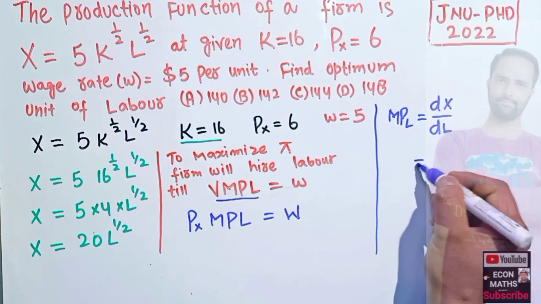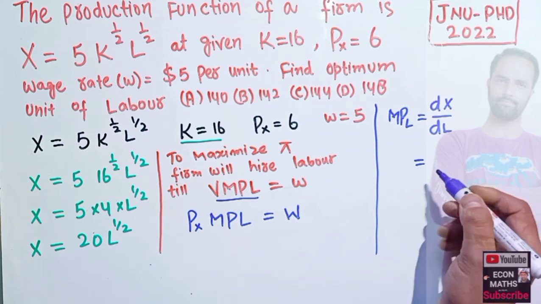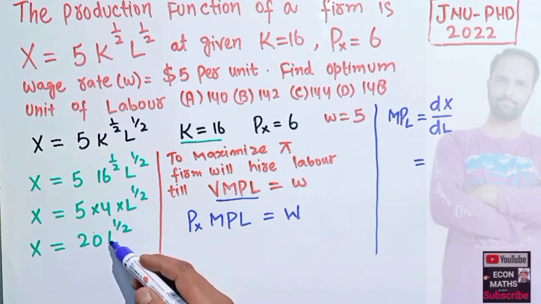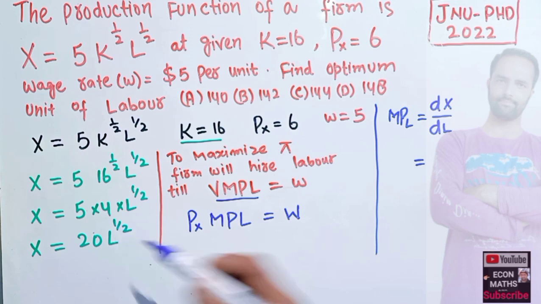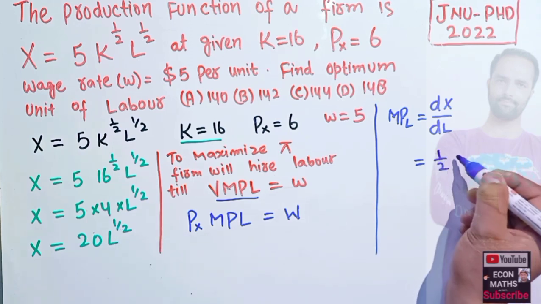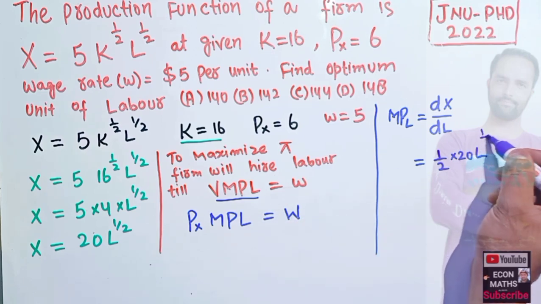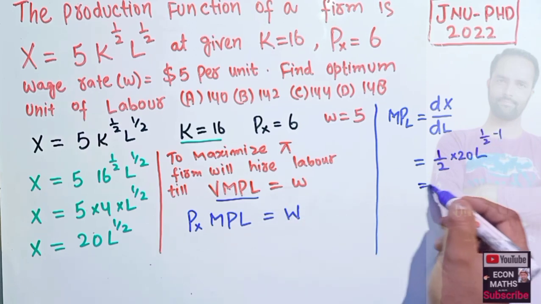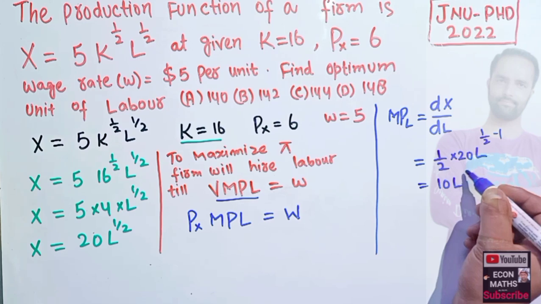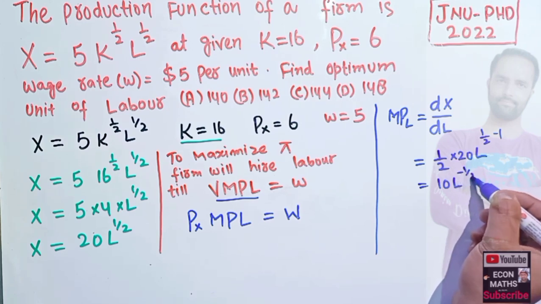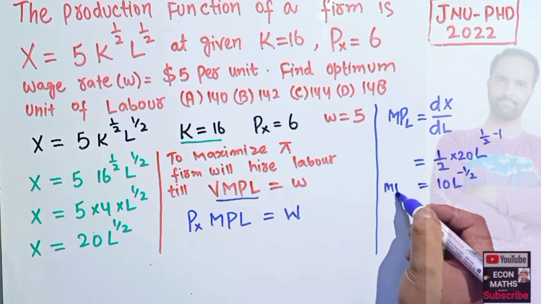Okay, taking derivative of this function with respect to labor, L here. So by power function rule, the exponent will become the coefficient. We have 20, L to the power, exponent will be subtracted by 1. Okay, so this becomes 10, L to the power minus 1 upon 2. So this is our MPL.